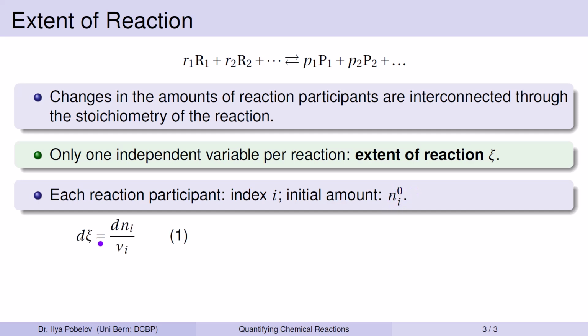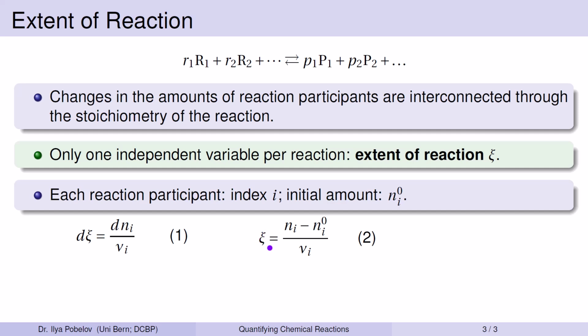The infinitesimal change of the extent of reaction, dξ, is equal to the infinitesimal change in the amount of any reaction participant i, divided by its stoichiometric number, ν_i. The extent of reaction ξ itself equals the difference between the current amount of substance i and its initial amount N_i^0, divided by its stoichiometric number ν_i.